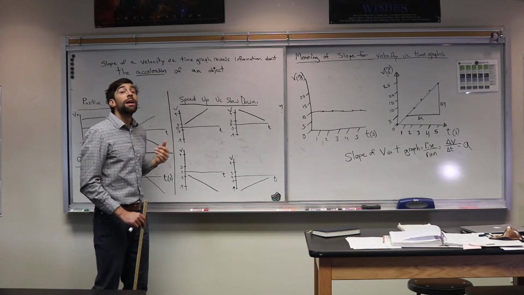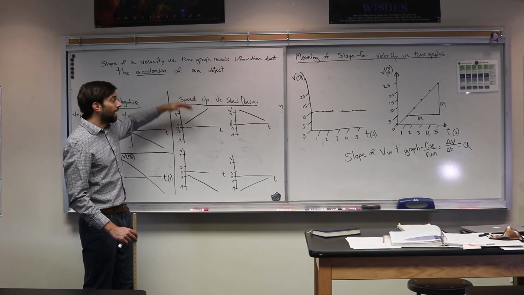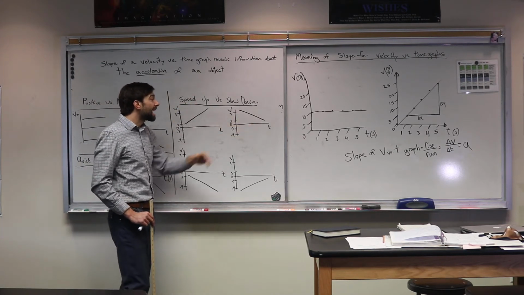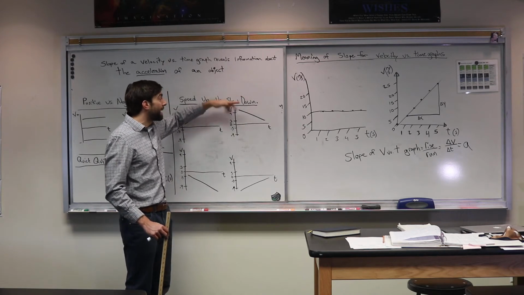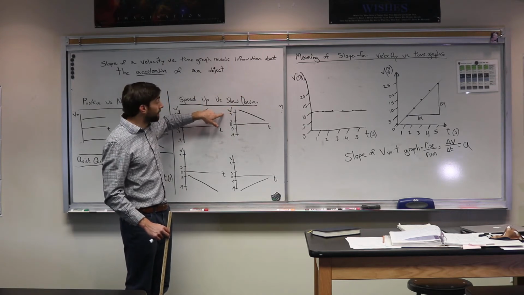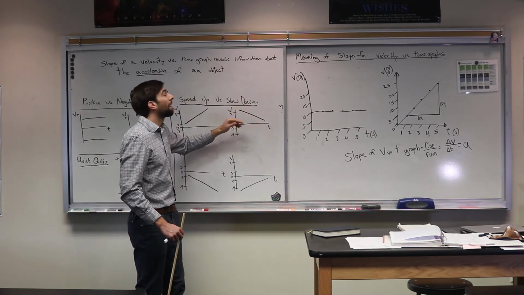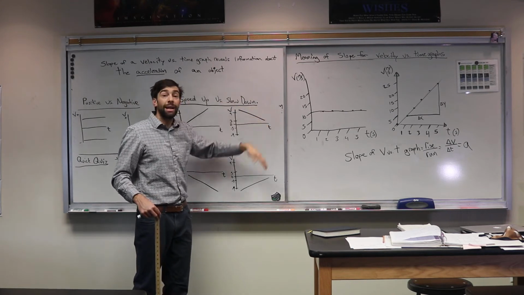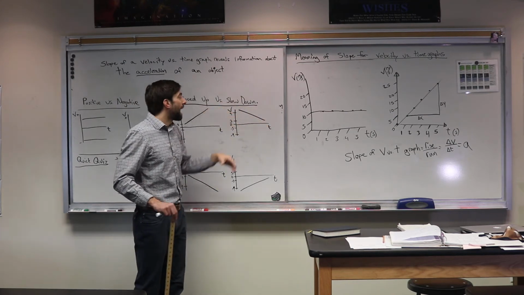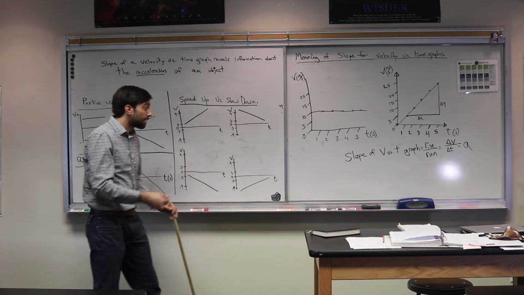So we have a positive acceleration, and we're speeding up here. Now in this case, we're starting far up top, so we're starting with a big velocity, the 9, and we're going towards the x-axis to where that velocity is 0. So in this case, I'm actually slowing down. I'm going from a high velocity to a low velocity.